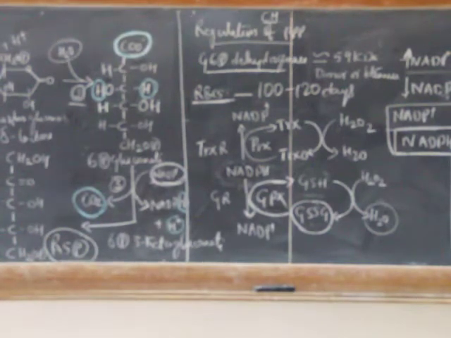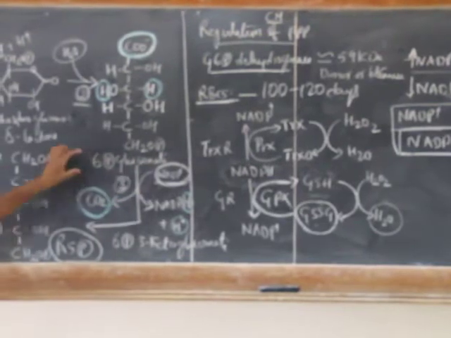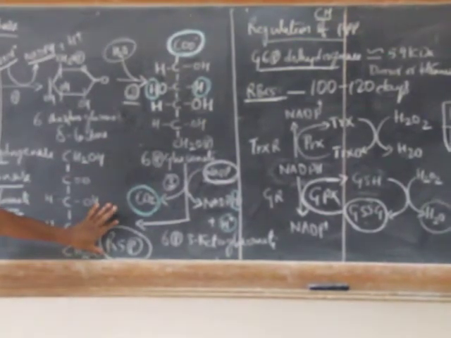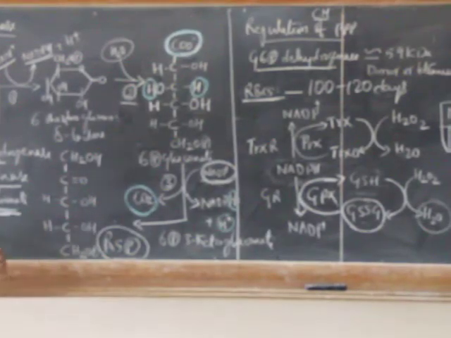As I mentioned here, this reaction, third reaction, is catalyzed by 6-phosphogluconate dehydrogenase. This enzyme catalyzes the conversion of 6-phosphogluconate to ribulose 5-phosphate in two steps.